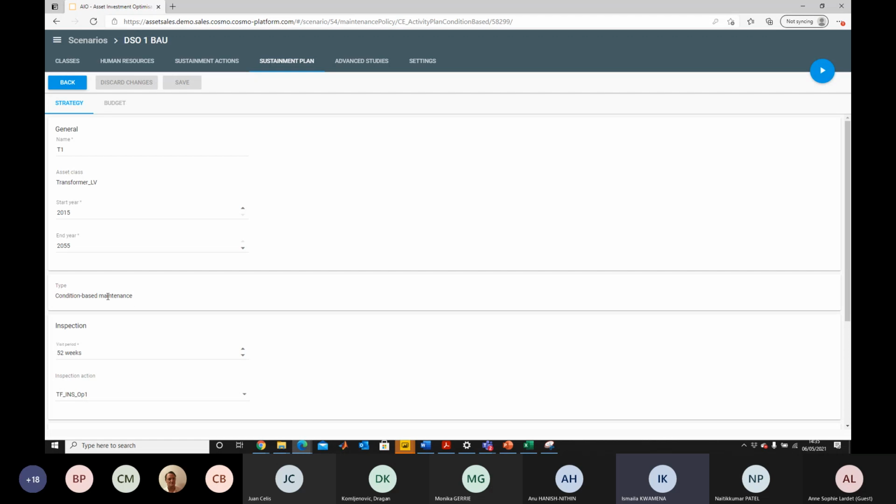And in terms of the type of strategy being implemented here, we can choose whether this plan is a condition-based maintenance. The condition-based maintenance is where we inspect the assets and then we take decisions based on the findings of these inspections. Or we can also have a preventive maintenance where we have fixed time replacement.